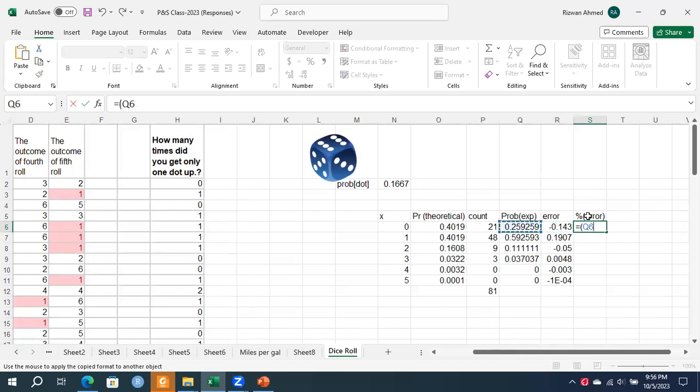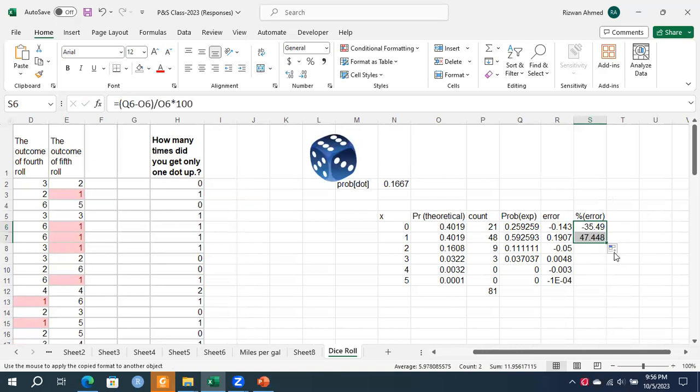So we can define the estimate from our experiment minus the theoretical value divided by the theoretical value and times 100. Okay, 35%, and it was an underestimated value. Then the other one is positive. Okay, it is overestimated value, and so on and so forth.